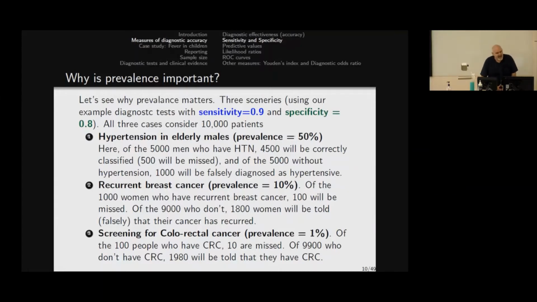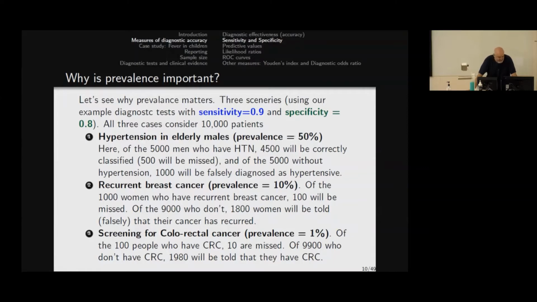Okay, now let's go to recurrent breast cancer, which has a prevalence of 10%. Again, I'm just making this up. Of 1,000 women who, remember, we have 10,000 people overall, of the 1,000 women who truly do have recurrent breast cancer, 100 will be missed.